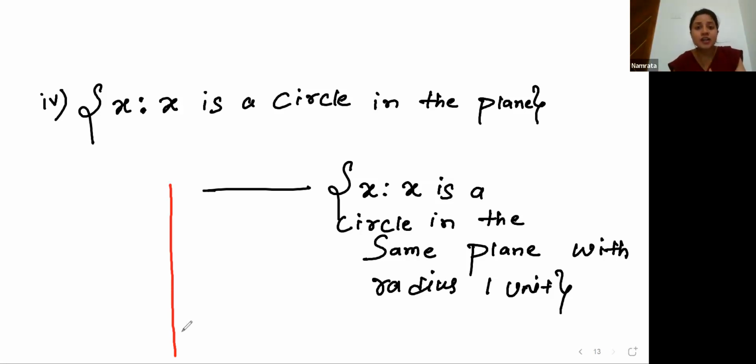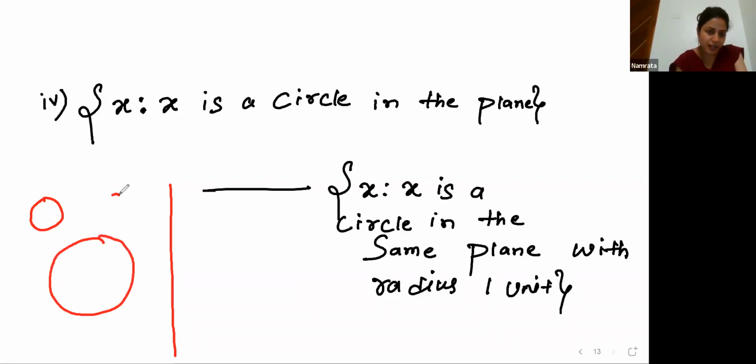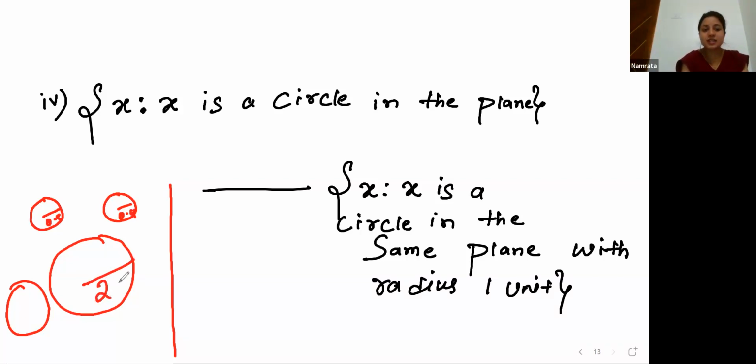Now, a circle in a plane can be a teeny tiny circle, or a very large circle. Radius can be 0.5 centimeter, 0.4 centimeter, 2 centimeter, 3 centimeter.